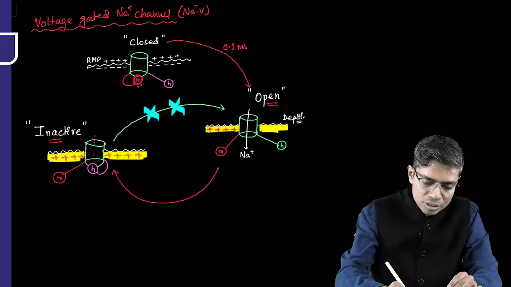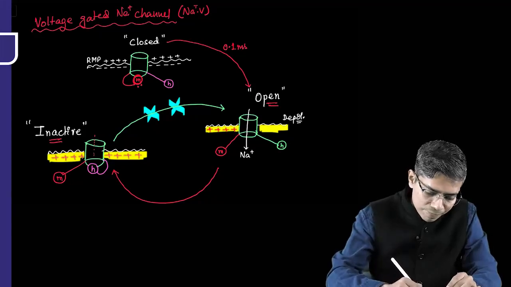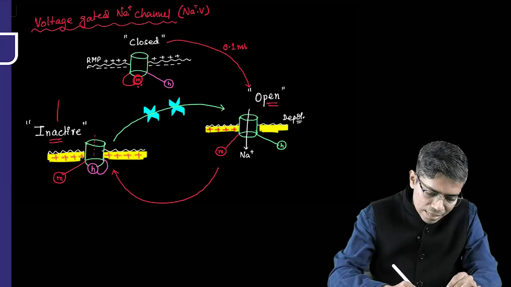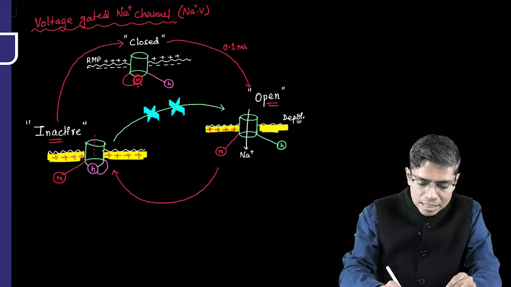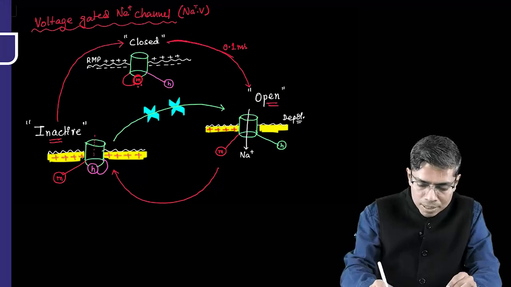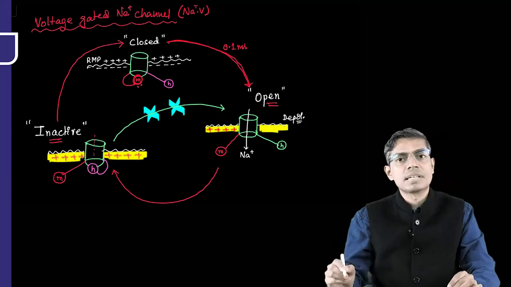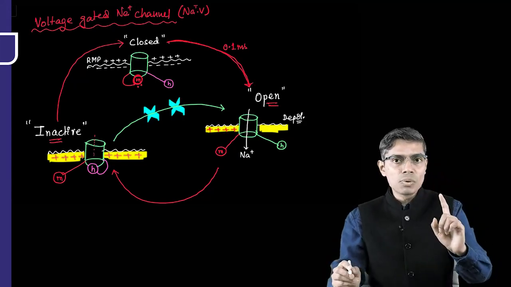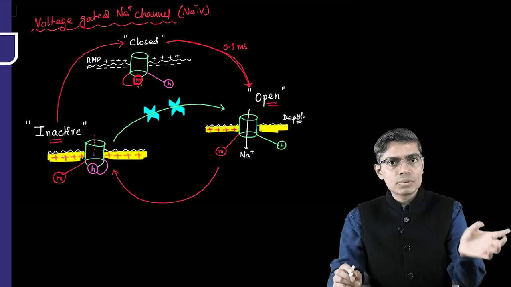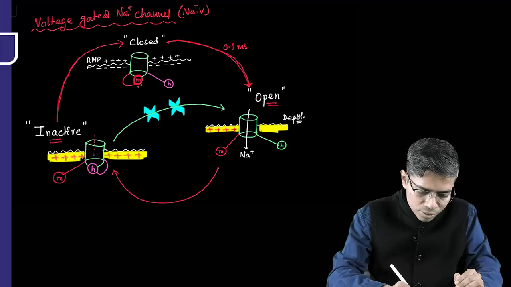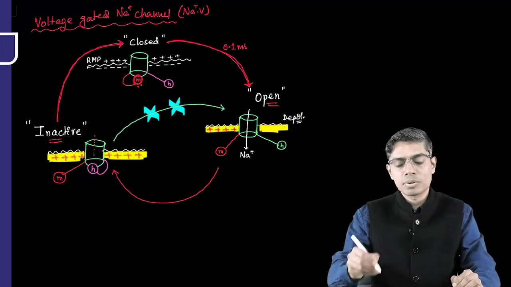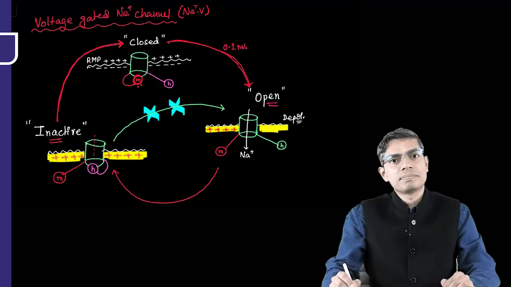What you have to do is wait for some time, and by then this inactive channel will move again to the closed stage, and only then can you open this channel once again. That means if I want to open an inactive channel once again, it has to move first to the closed stage and then from the closed stage to the open stage.